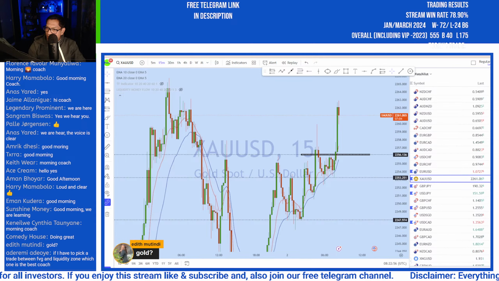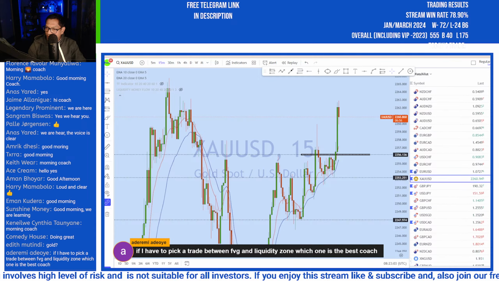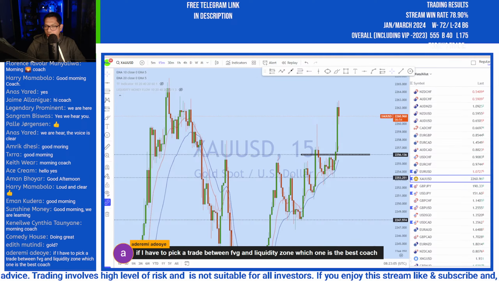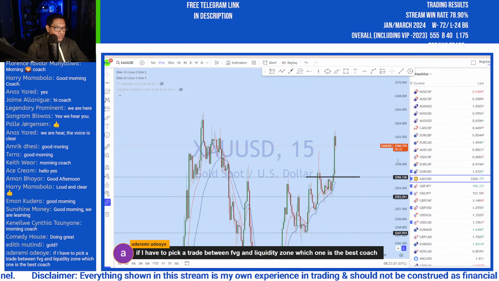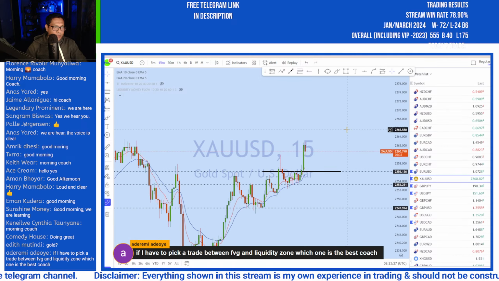If I have to pick a trade between FVG and liquidity zone, which one is the best, coach? Very good question. If you need to pick a trade from FVG or liquidity, which one is the best?